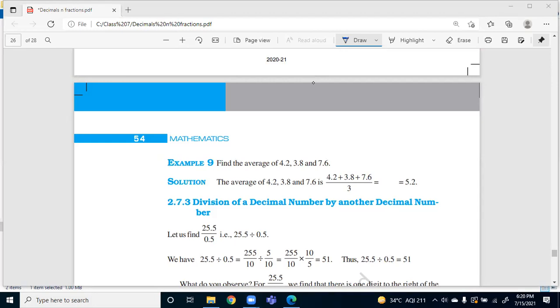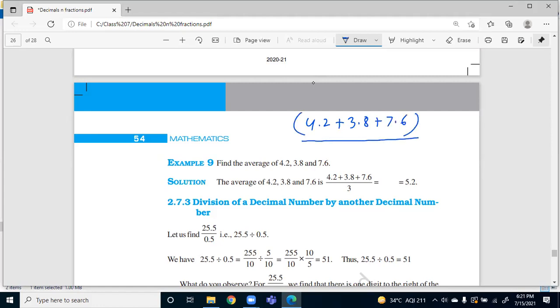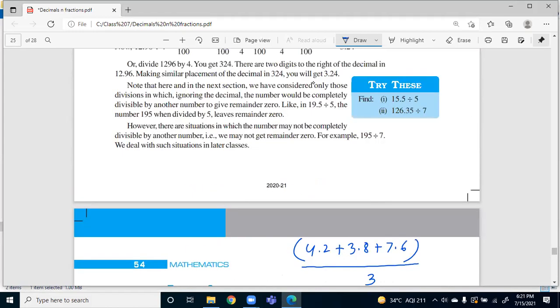Okay. So see, you have to find the average of three numbers. So how to find the average of three numbers? You have to add the three numbers and then divide whatever sum you are getting by 3. That is called average. So you can write in your copy the formula for average.